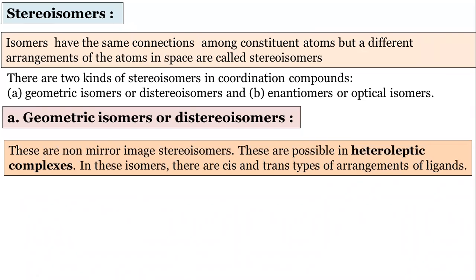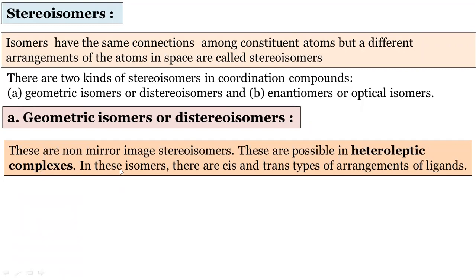And if more than one type of ligand is there, this is heteroleptic. So remember heteroleptic complexes, because this may be asked in MCQs for geometric isomers: which of the following types of complexes shows them? So remember this answer, heteroleptic complexes show geometrical isomers.